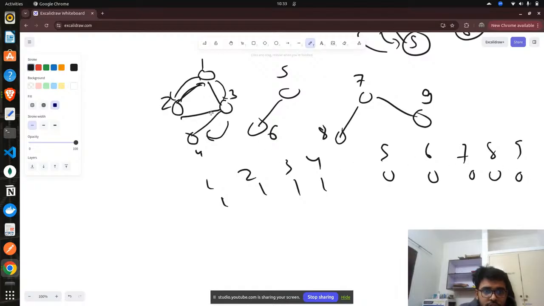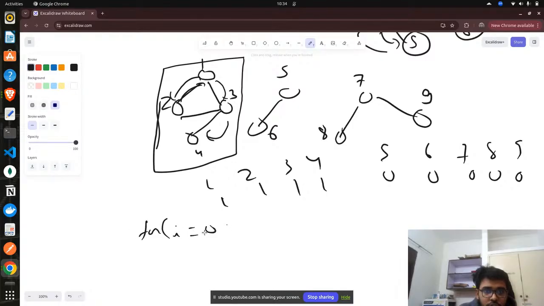This DFS will end here because there is no connected component. So we have to iterate from 1 to 9, and we will start DFS with every node that is marked 0. If we iterate from 1, first it will mark all the elements till 4 because it is a connected component.